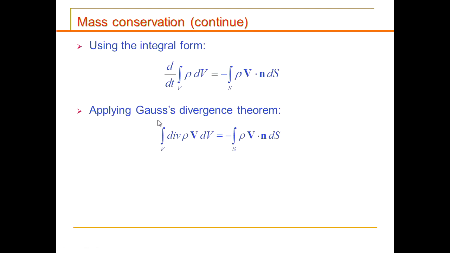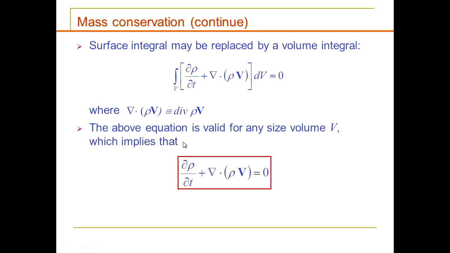So we need to introduce the Gauss divergence theorem. Why so? Because you see these integrals are with respect to different things, one being the volume, one being the surface. So if we want to combine both sides together, we need to use the Gauss divergence theorem to change the right-hand side into the divergence of rho v. I will explain what divergence is later.